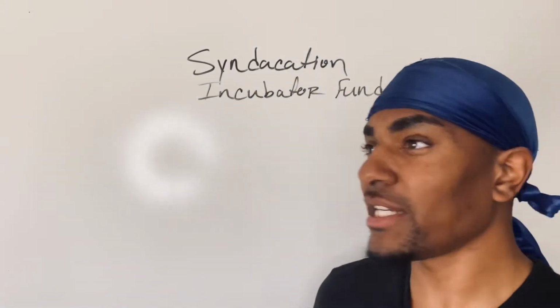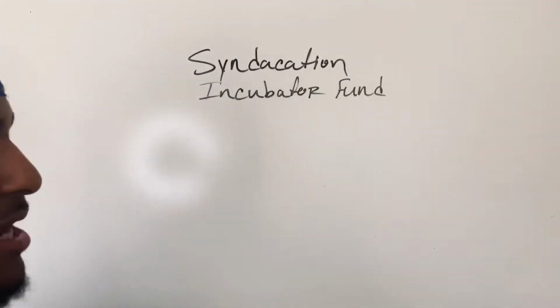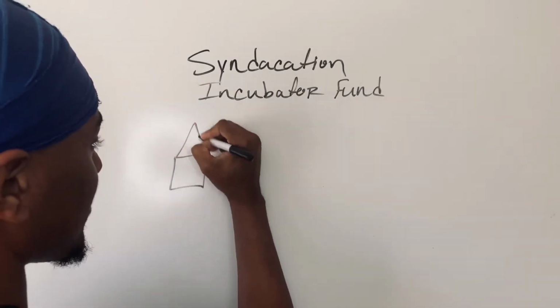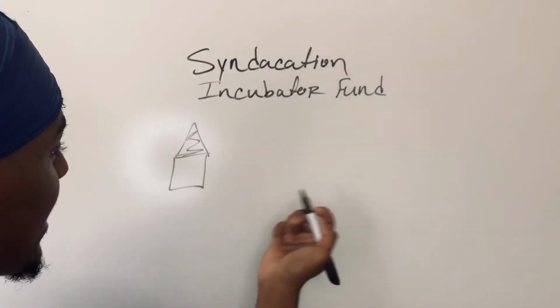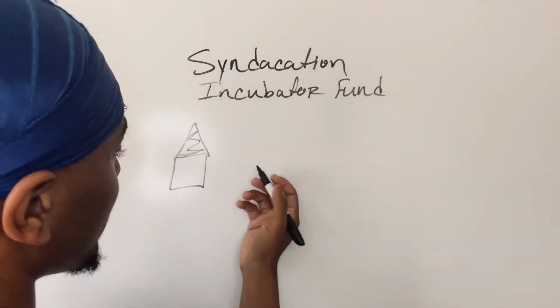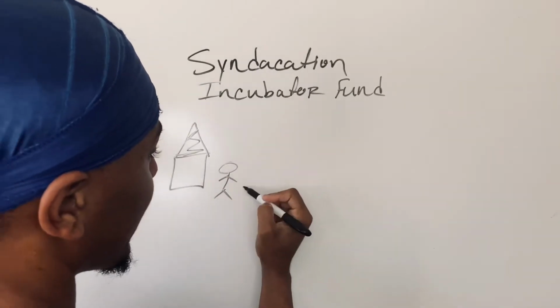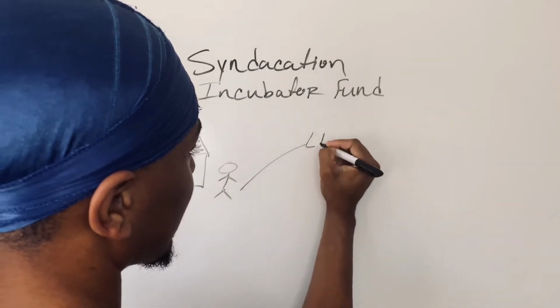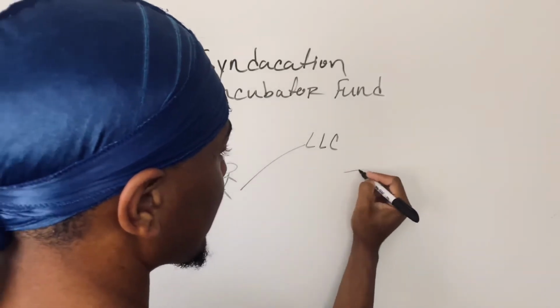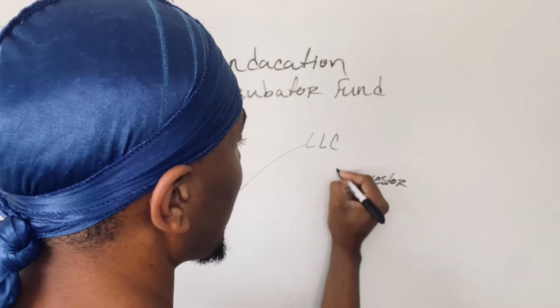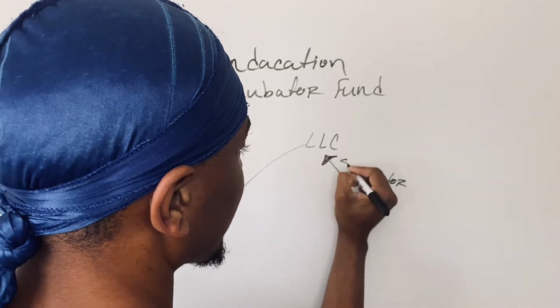Basically all a syndication is, and I'll use the real estate model for this, is that let's say a person goes out and finds a house and they can't afford this house. What this person would do is go out, create an LLC, and get investors to put money into this LLC.